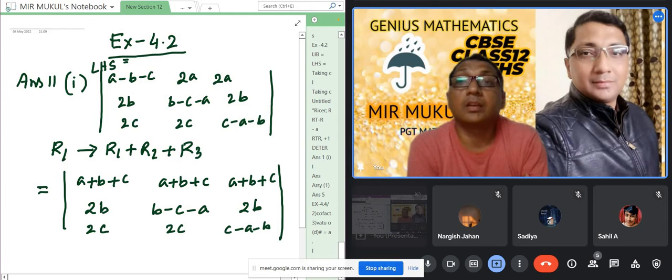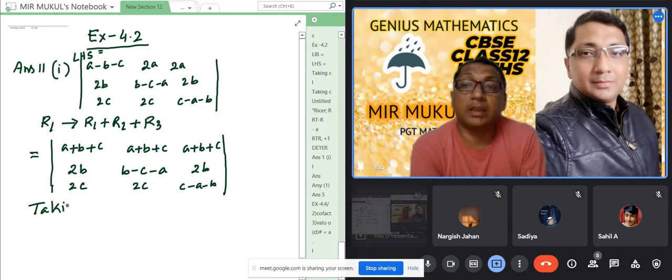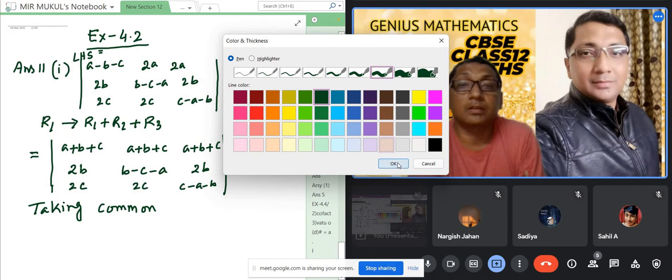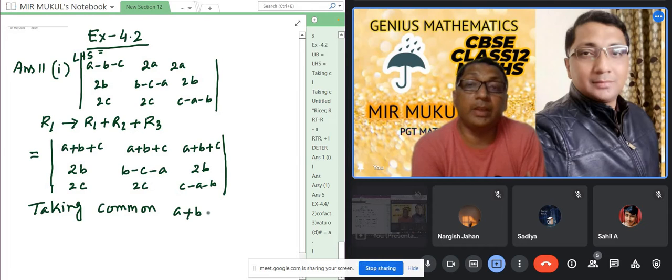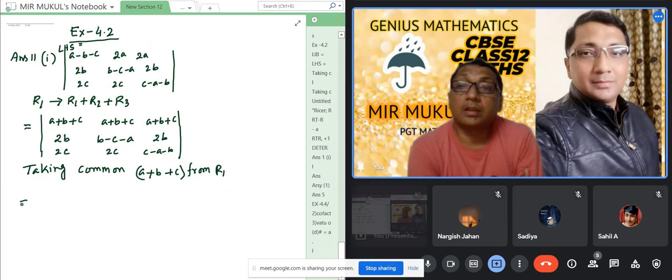So write down this. Now taking common A plus B plus C from R1, then what you will get?